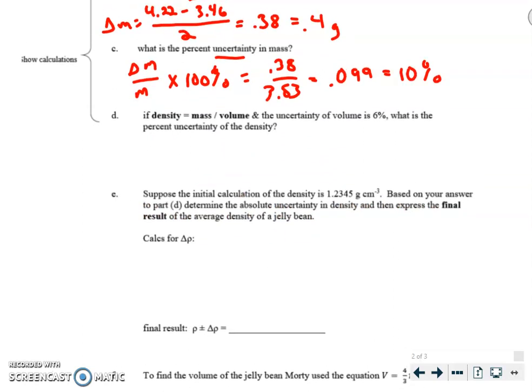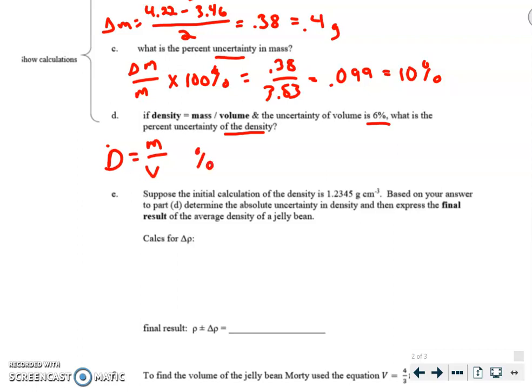Okay, now density is equal to mass divided by volume, and the percent uncertainty in volume is 6%. So what is the percent uncertainty in density? So the idea is, I'll call density D, is mass divided by volume. So my percent uncertainty in this is the sum of the percent uncertainties in that.